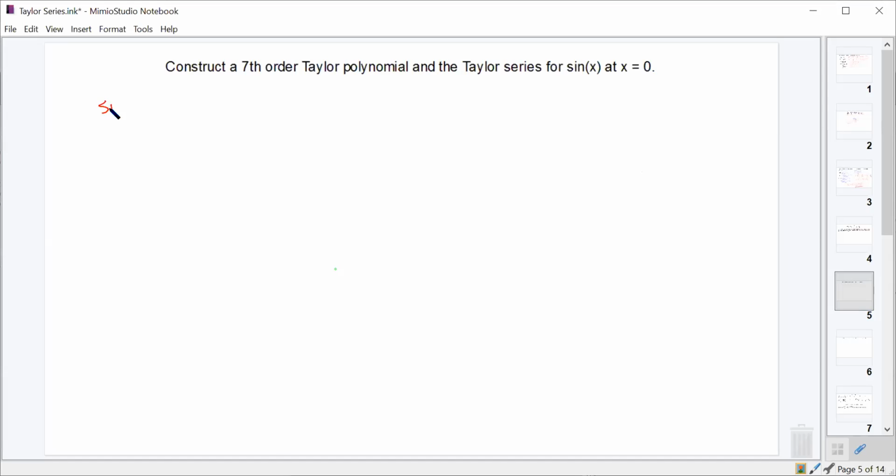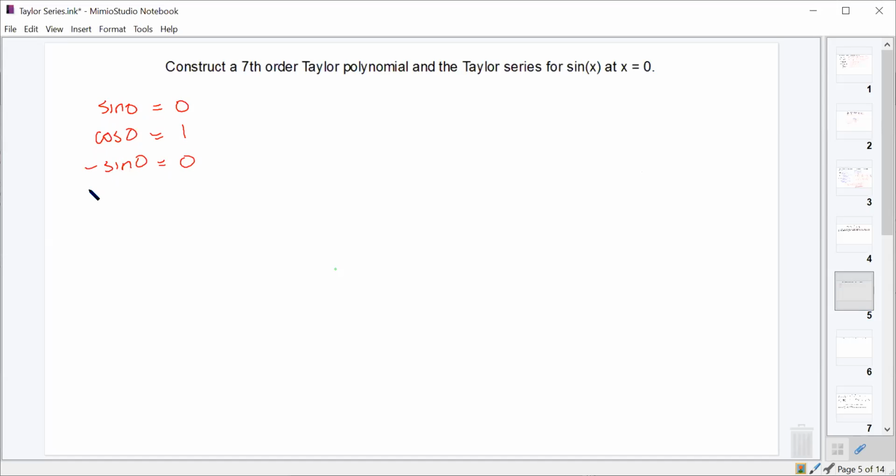Sine of 0, that's our first value. What's that? 0. Okay. The derivative of sine is cosine, so cosine of 0 is 1. The derivative of cosine is negative sine, so negative sine of 0 is 0 again.